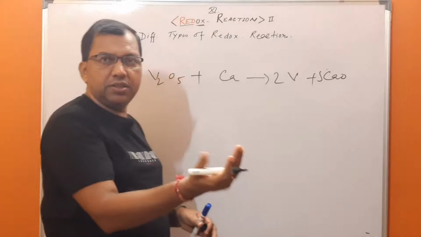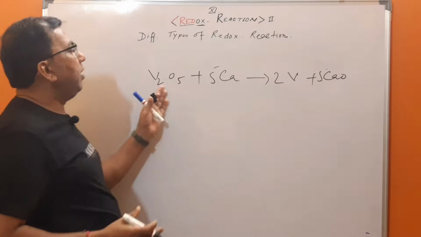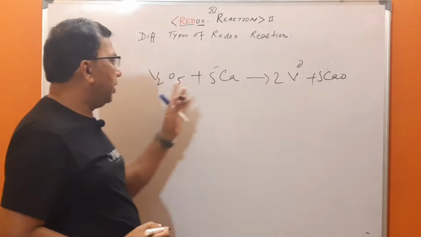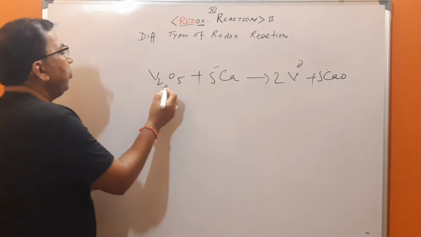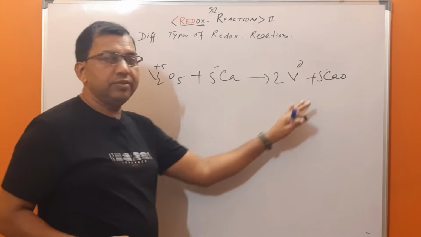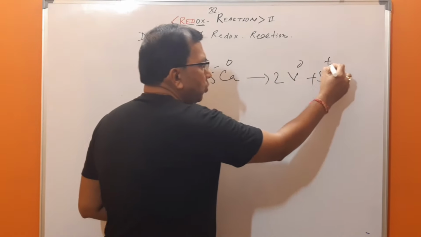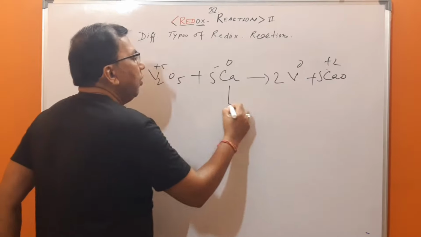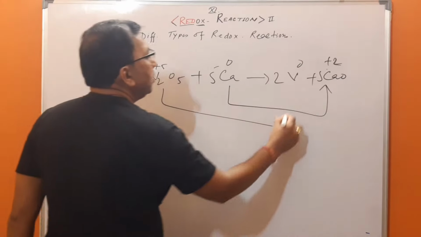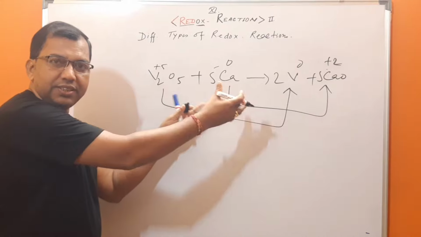You can balance it if you want to. If you find the oxidation number, here it is 0. Vanadium here is +5. So +5 to 0 is a decrease of oxidation number, and calcium goes from 0 to +2, an increase. This is reduction and this is oxidation. So this is a redox reaction, clear?